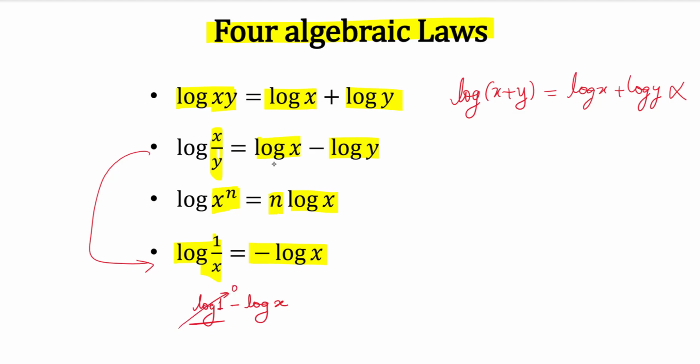So if this is 0, we are left with only minus log x. So these are the 4 properties. With the help of this property and these 4 algebraic laws, we are going to solve any question of log.